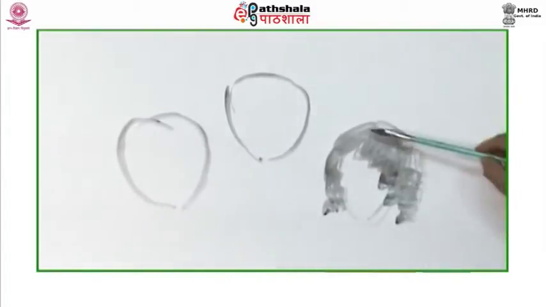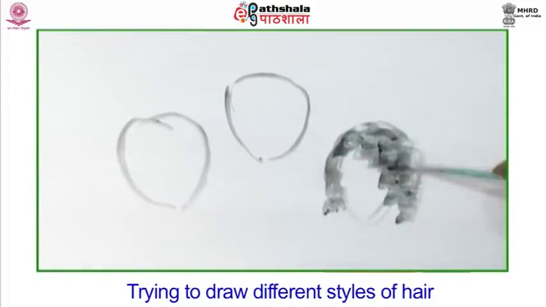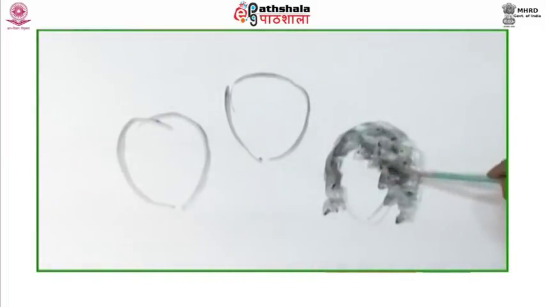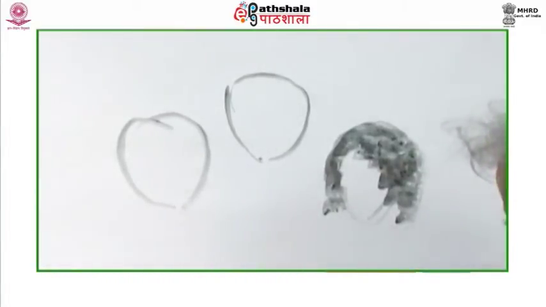I suggest you draw a lot of portraits from imagination, trying to draw different styles of hair, experiment and draw several characters that you can sketch by simple scribbles or just oval head form and hair.